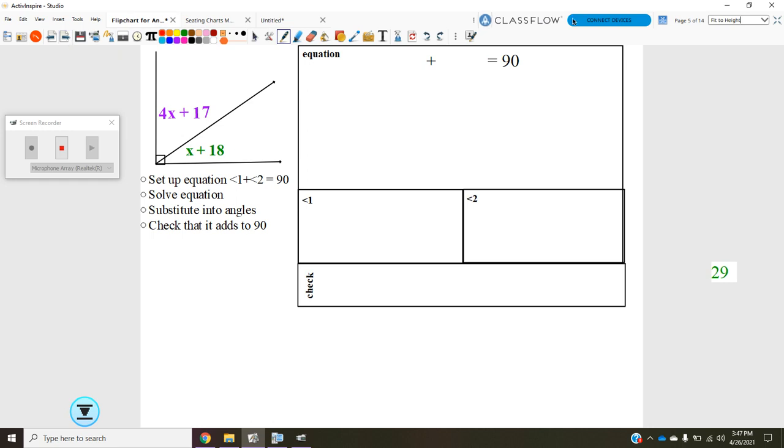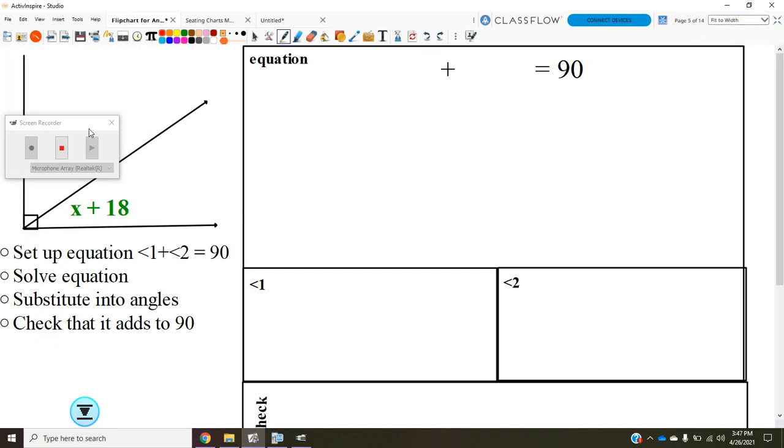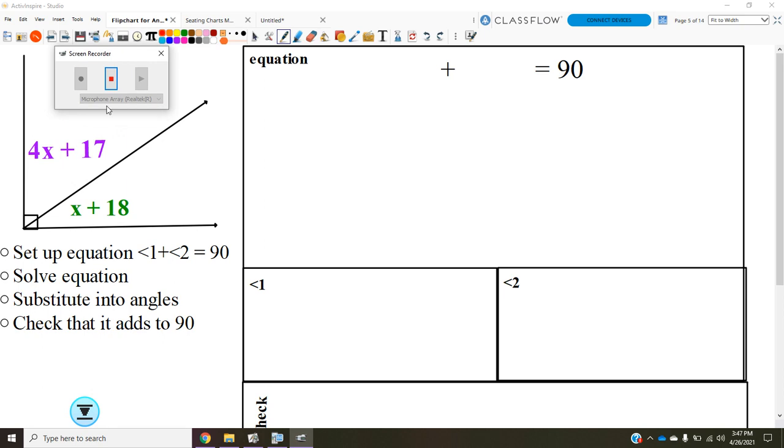Then there are more complex problems that we can solve when our diagram is not labeled with just numbers, but with expressions. I can see the 90-degree angle in the corner, so that tells me I can take each angle. 4x plus 17 is one of my angles, and x plus 18 is another one.